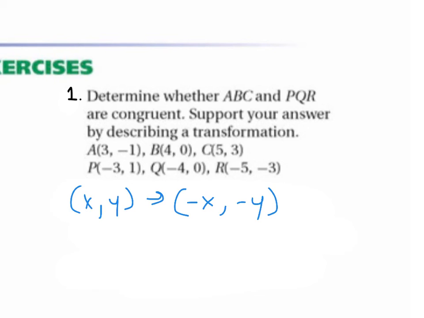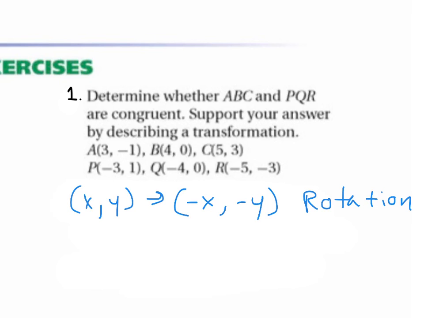What type of transformation is this? Translation. Is it congruent? What type of transformation is it? Rotation? Let's see. It's a rotation. And we know that rotations are congruent because the only one that's not congruent is a dilation.